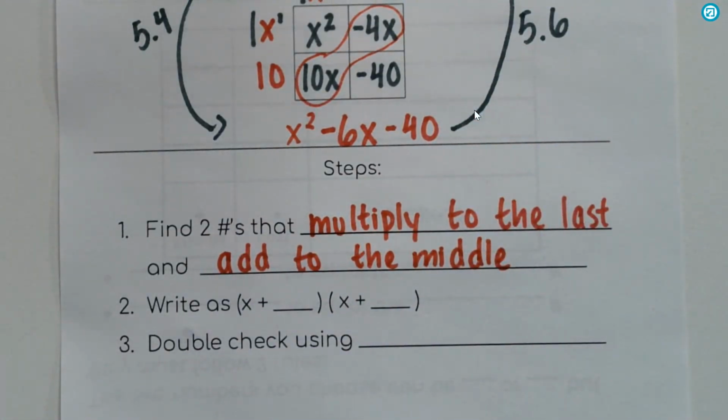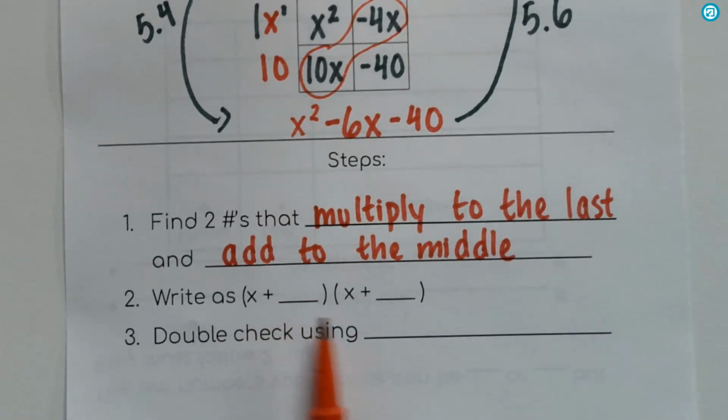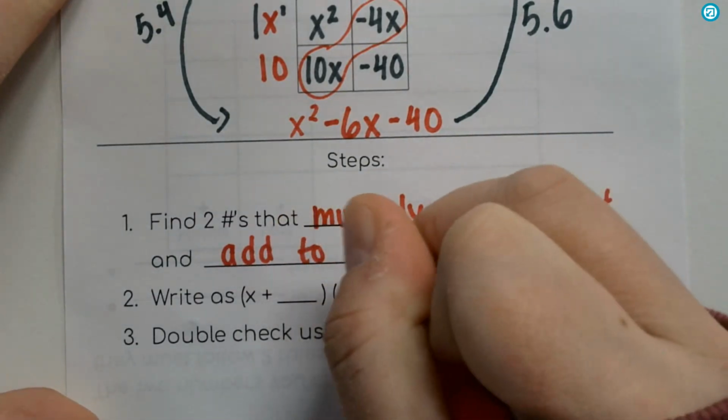So they must multiply to their last, and they must add together to the middle. Once you find those two numbers, you can write them as your factored form. So x plus or minus number, x plus or minus a number. And then you can always multiply them out and double check using multiplication if you would like.